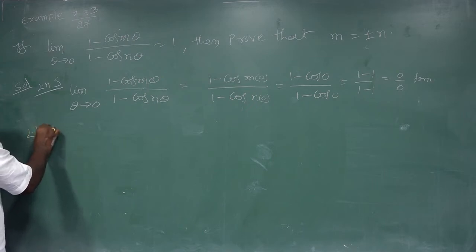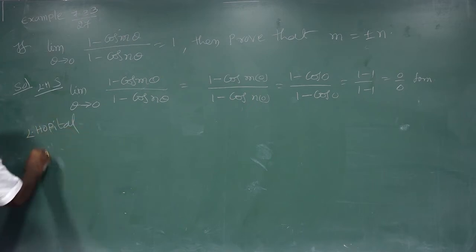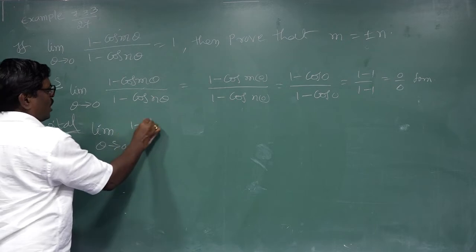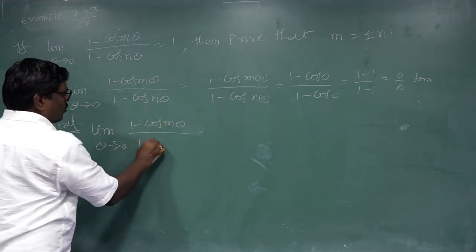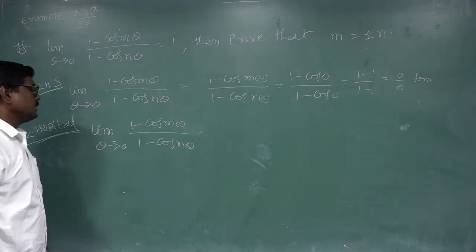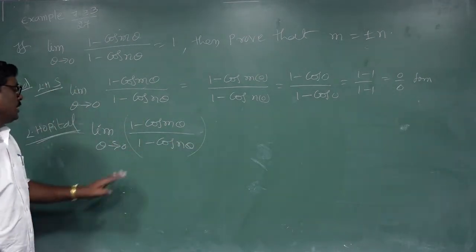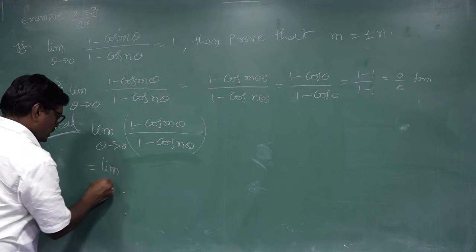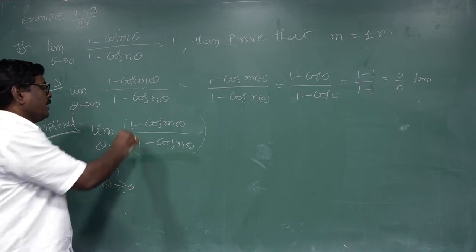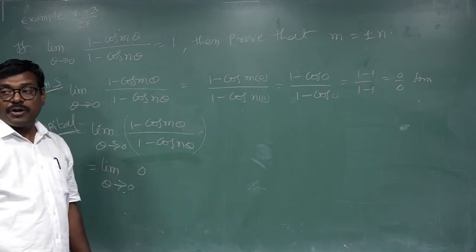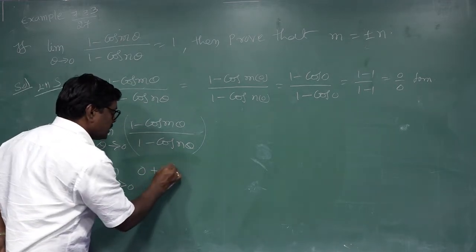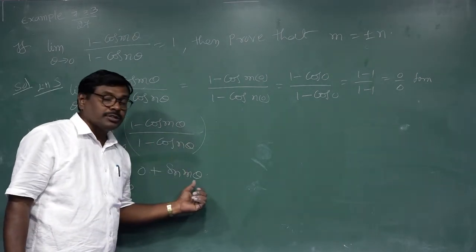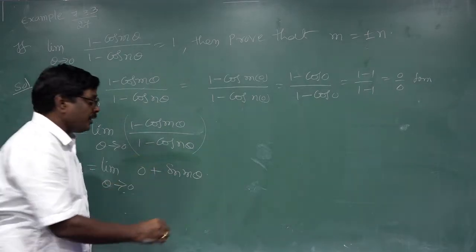For the indeterminate form we use L'Hospital rule. Differentiate the numerator and denominator. Numerator: derivative of 1 is 0, derivative of cos m theta is minus sin m theta, and the inner derivative is m.